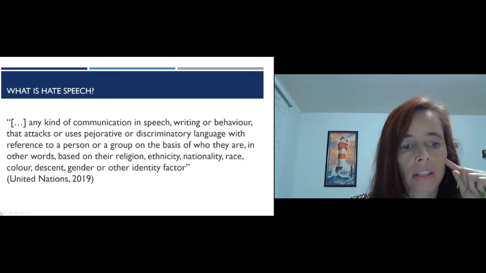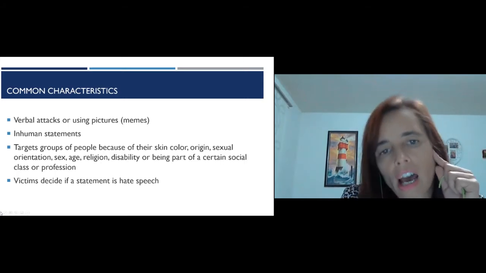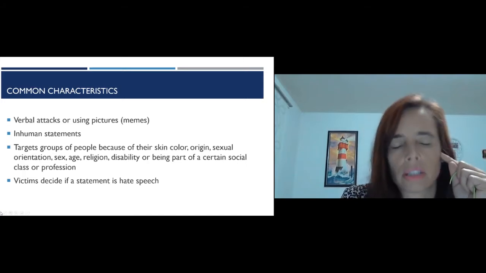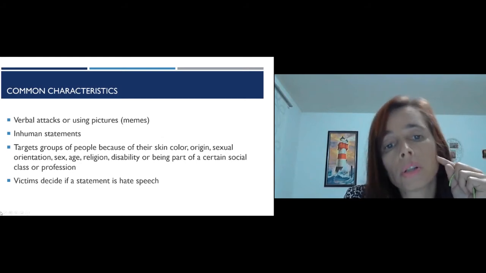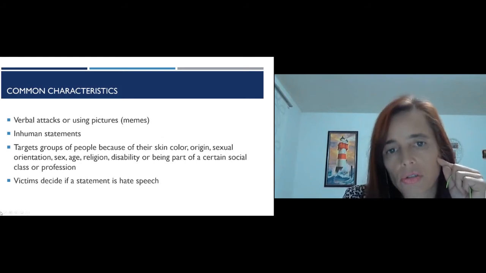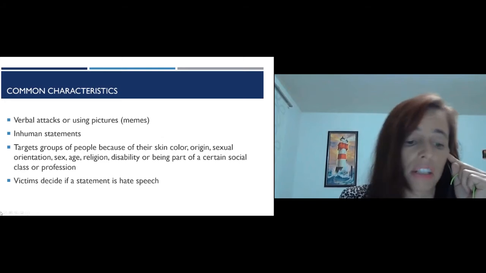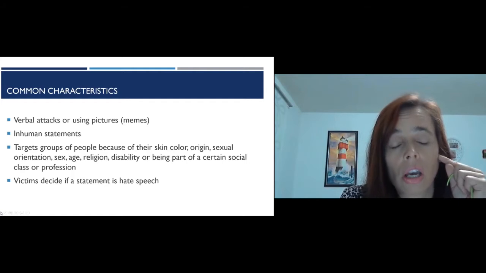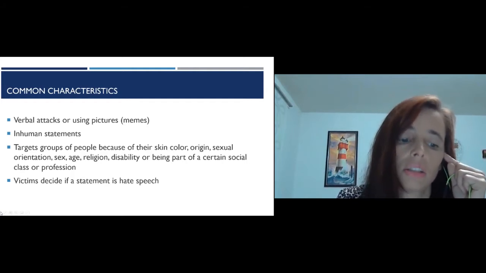But what we basically can say is that there are some things all these definitions have in common. When talking about hate speech, it's normally always about verbal attacks, either in written or spoken language, or it can also use pictures. You know, all these nice or not so nice, funny or not so funny pictures that are around can also be used for hate speech. All definitions always talk about inhuman statements.